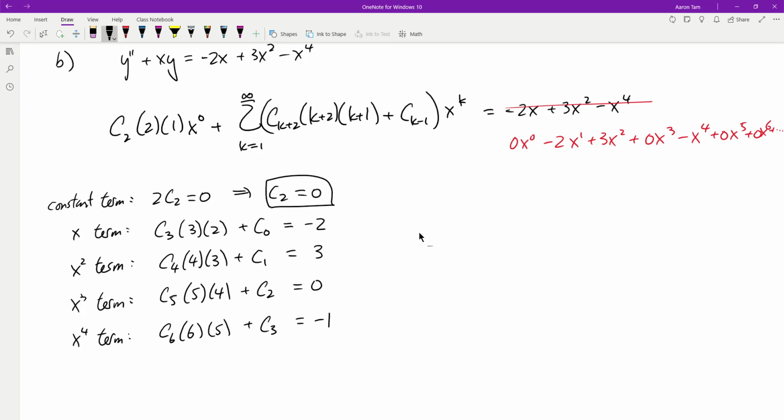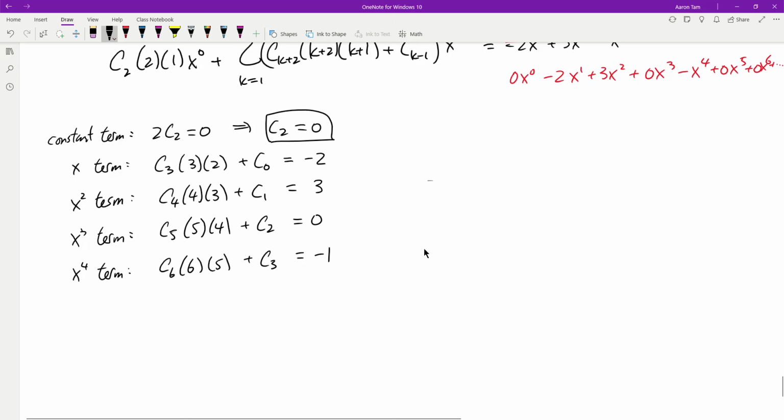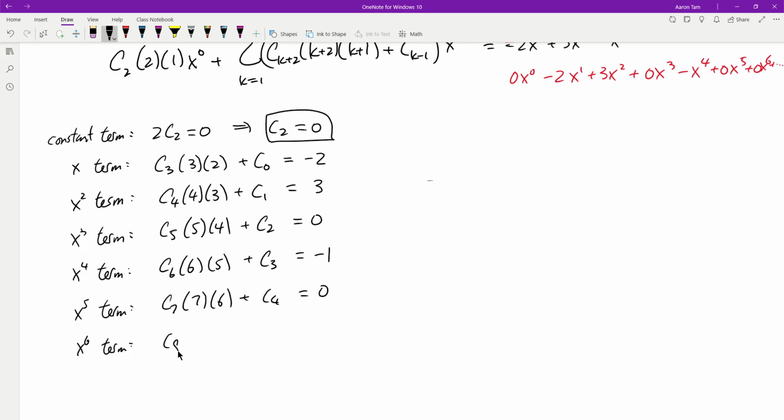I'm going to write out a few more. The x to the fifth term is c sub 7 times 7 times 6 plus c sub 4, which equals 0. The x to the sixth term, yes, forms a very nice simple pattern here, especially when you write them out.